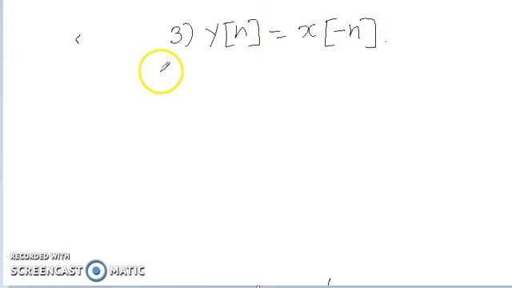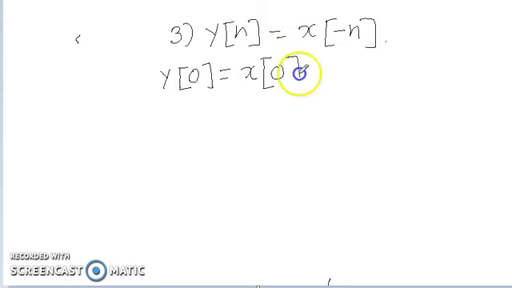We will check the equation with n equal to 0. Here the output is dependent on the present state, which is 0, and on that state only. So from this equation we can think that the system may be causal. But we need to verify it using another value. So we are taking the value n equal to 1.